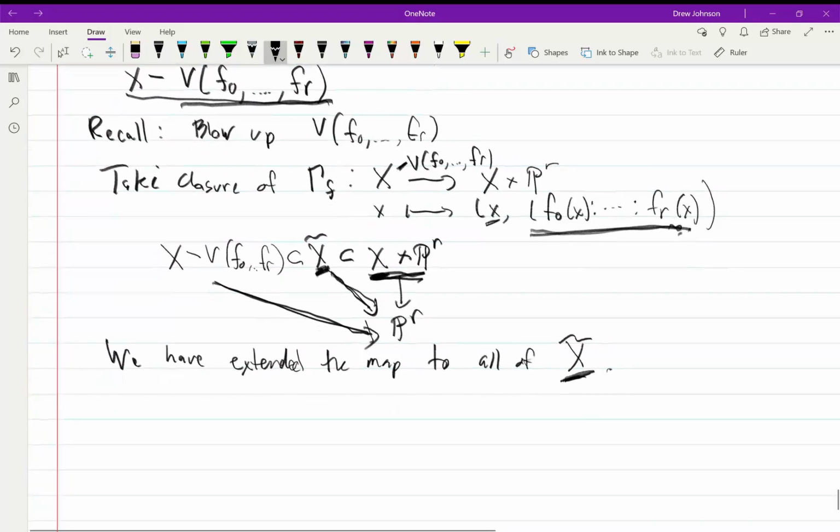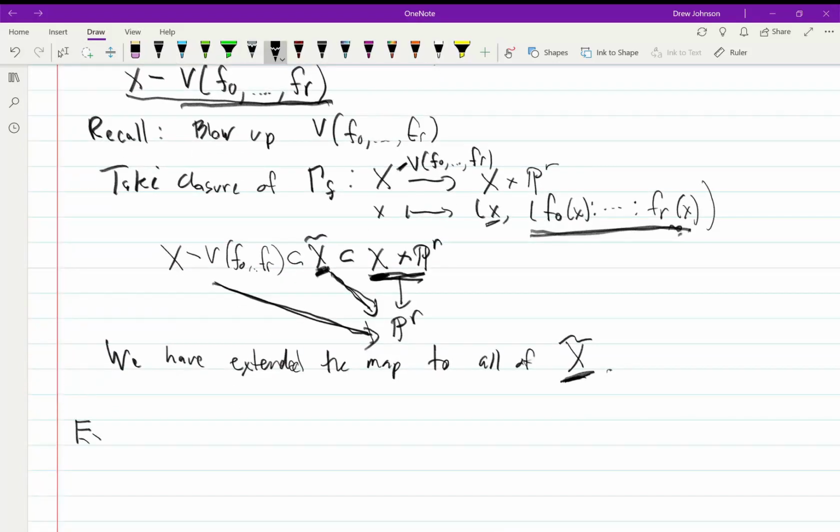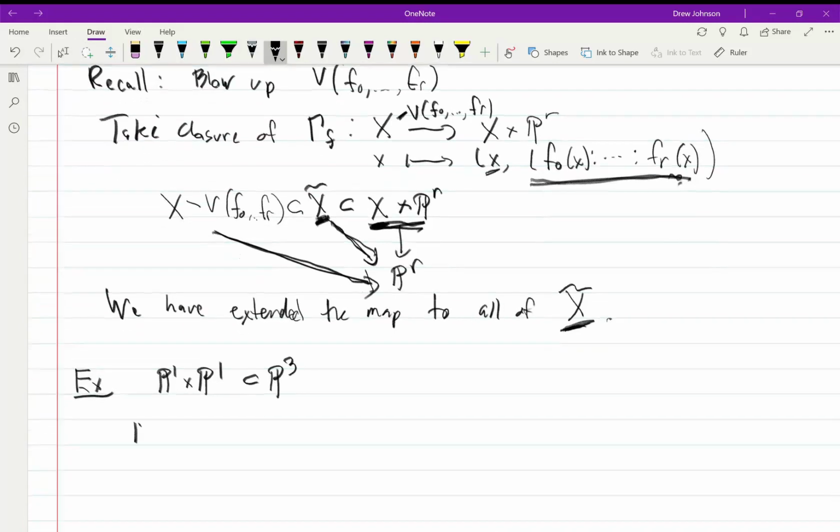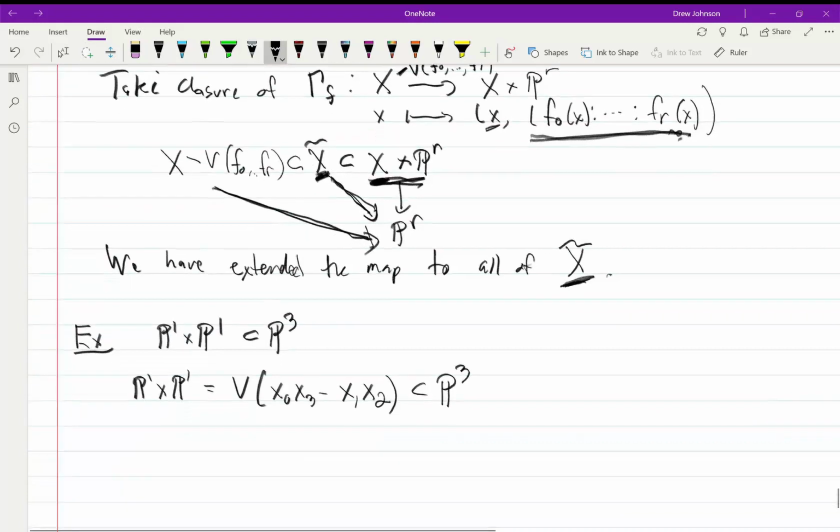Let's do an example that kind of illustrates how this might work. So let's look at P1 cross P1, and let's consider it with the Segre embedding in P3. And so remember, this is equal to the vanishing locus of x0 x3 minus x1 x2 inside of P3. Okay, so I think this is just the Segre embedding.